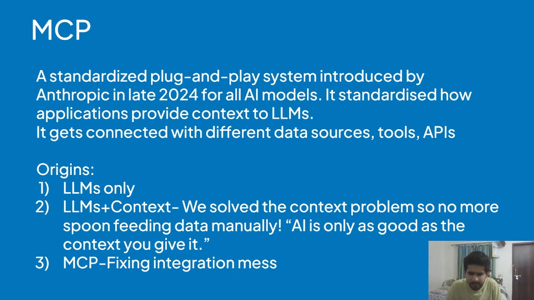So whatever prompts we gave, it just rearranged that data and gave it as the output. So it was not quite intelligent, because it only generated output based on what it was trained on, and the AI is only as good as the context you give it.